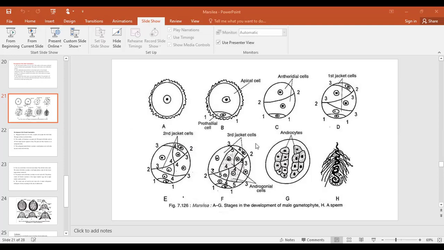There is no peculiar antheridium structure here. The microspore itself develops into an antheridium-like structure covered by the jacket layers. These androgonial mother cells, or androcytes, whatever we call them, develop into the male gametes, the antherozoids.